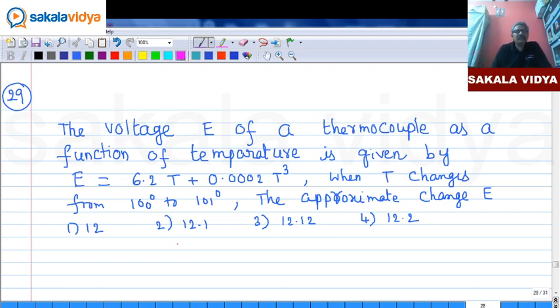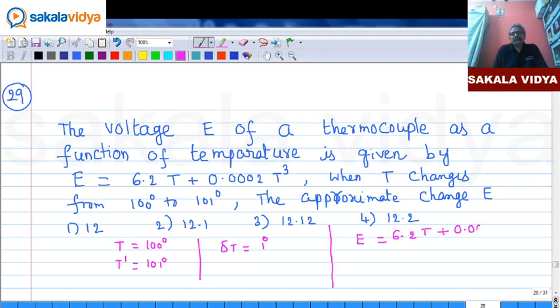So, what is given here: initial temperature T is 100 degrees, final T dash 101 degree, error delta T is equal to 1 degree, and E is given as 6.2 T plus 0.0002 T cube.